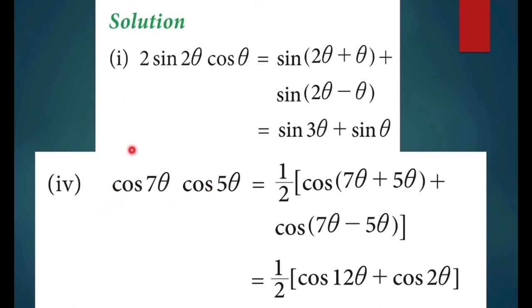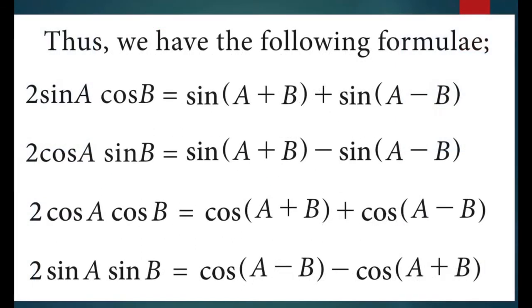Which formula is similar to this? Both are cos, right? So, this will be similar to that. 2 cos A cos B equal to cos A plus B plus cos A minus B.